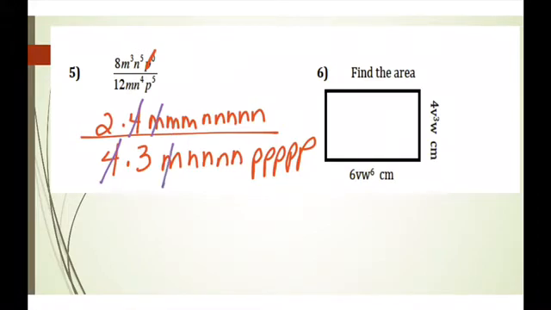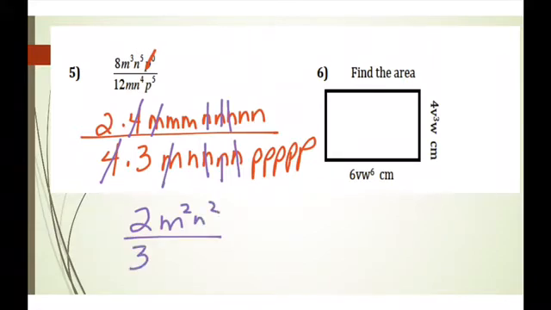Whoops, not the m. So what I've got left is 2 and then m to the second, n to the second on the top, 3. Oh, looks like I could have done one more n. So let me do that. Somehow I missed that. And then so 3p to the 5th. And so that's my answer.